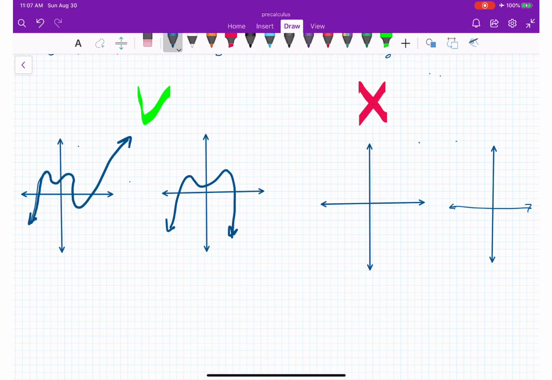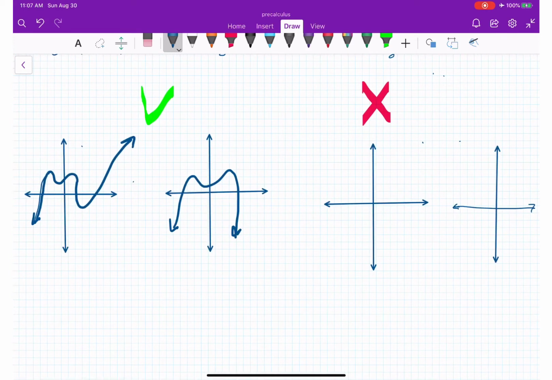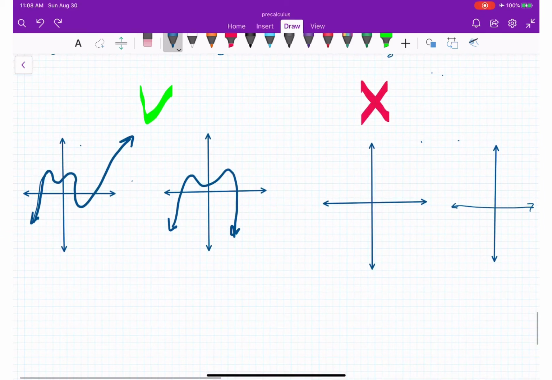Also acceptable as a polynomial. So we accept it as a polynomial when the graph is smooth and we don't have a sharp corner on the curves.